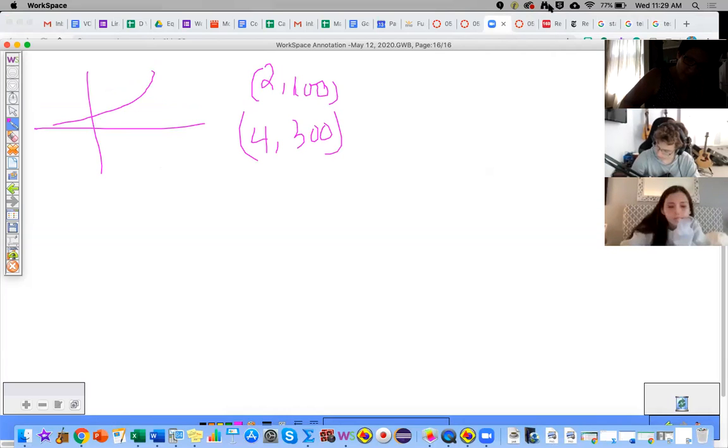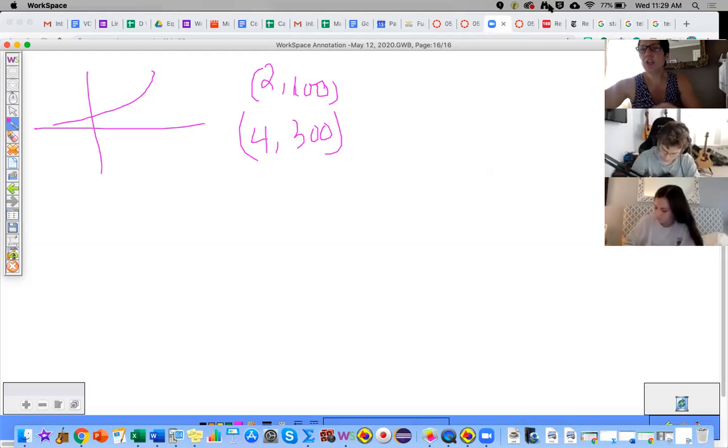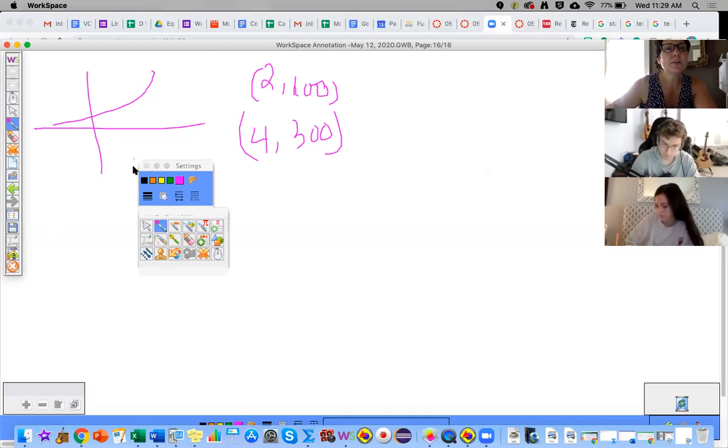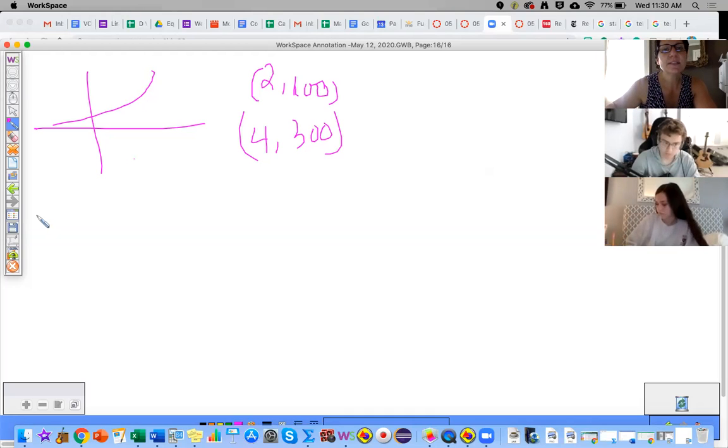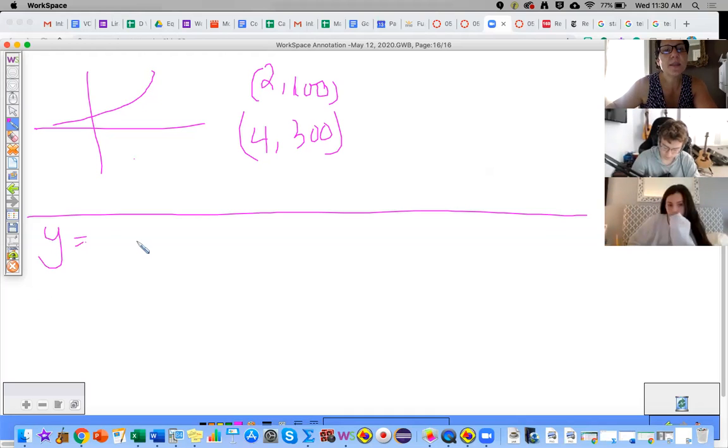Let's do y equals Ce to the kt plus 72. Let's make the room temperature 72 degrees. So we're going to be doing something, Sarah, for you. I'm going to do a separate problem. So this is the one that I put up there, right?